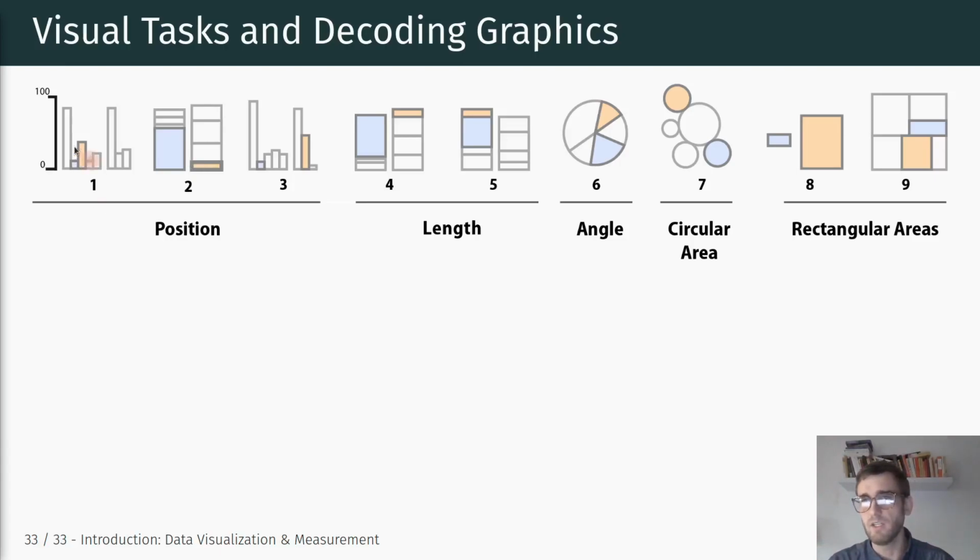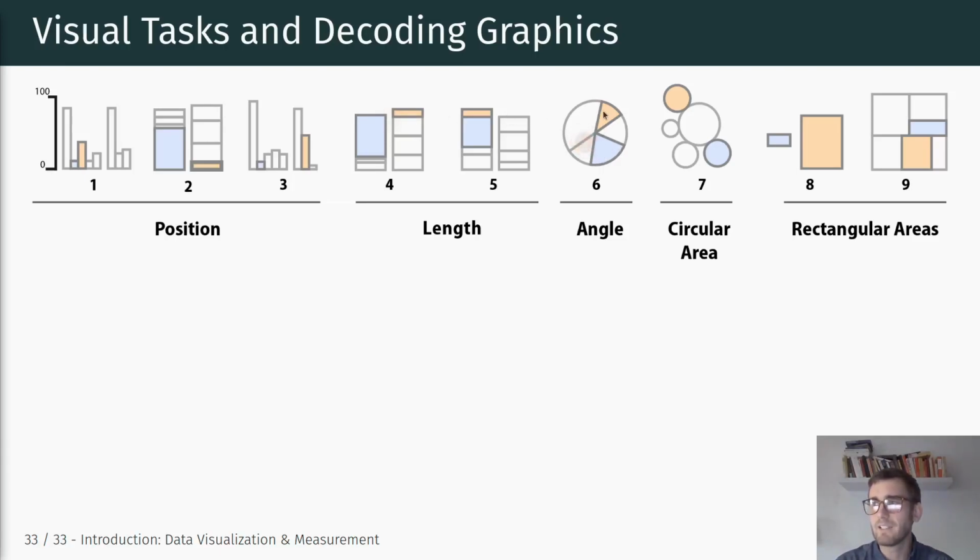On the one hand, based on position, where we have the same baseline of comparison within, for example, a bar chart. Then we have length. So here we don't have the same baseline anymore, but we're just looking at the length of these bars, which is the example of the stacked bar chart that we talked about.